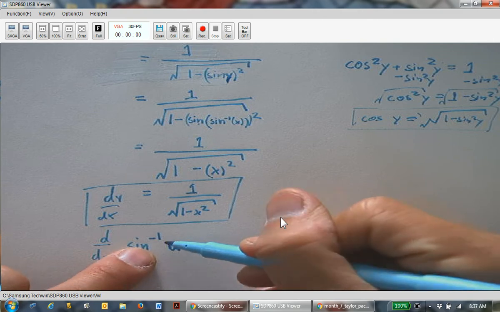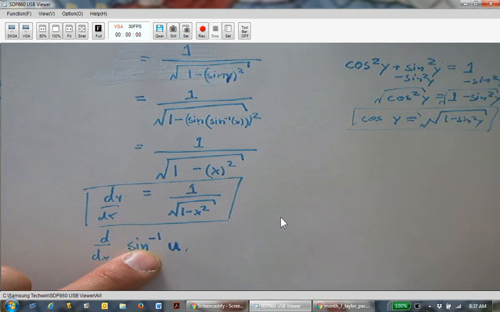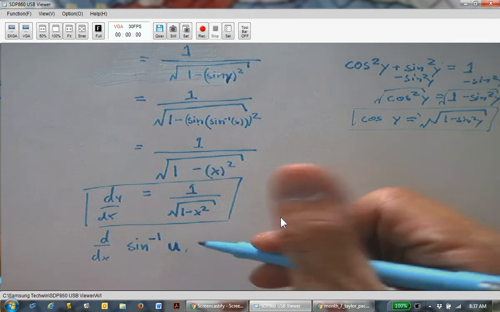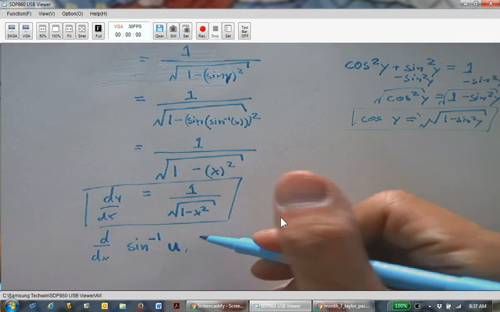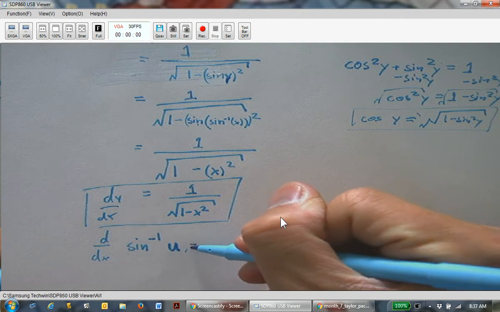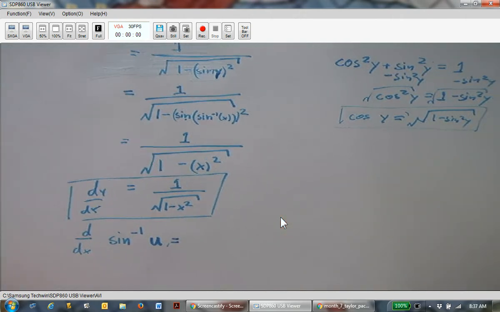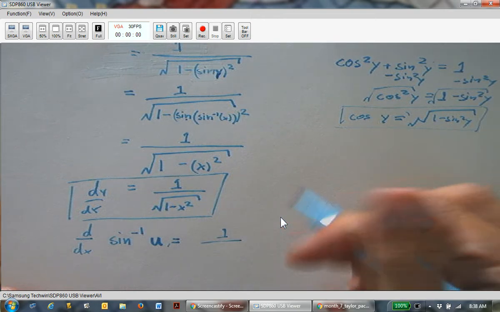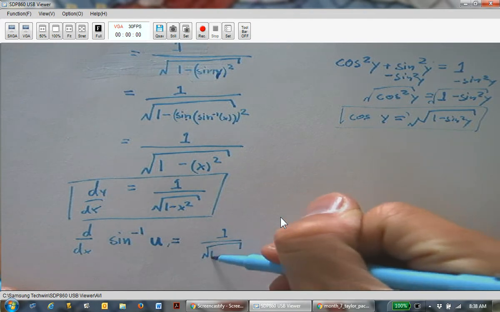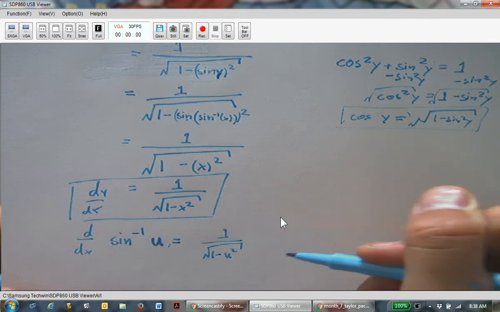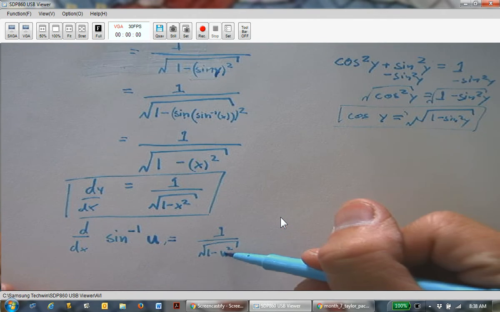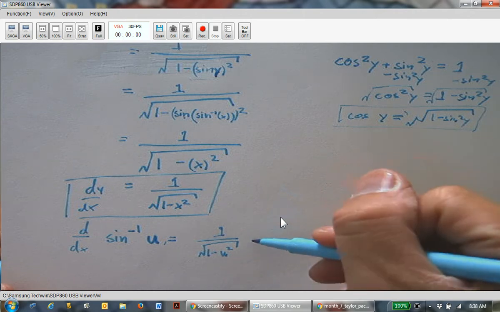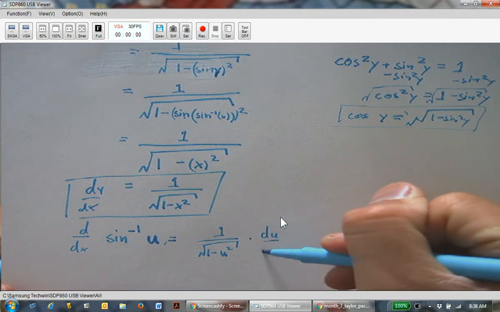To make this a more comprehensive, more robust formula, it would be the same thing, 1 over the square root of 1 minus u squared. But if u was differentiable, then it'd be times du over dx.